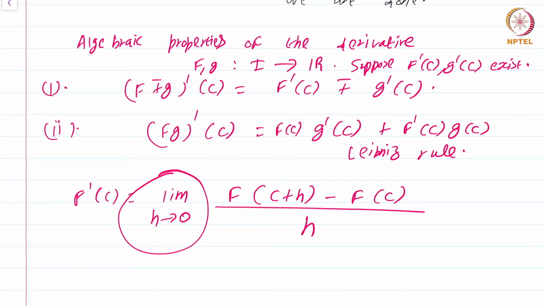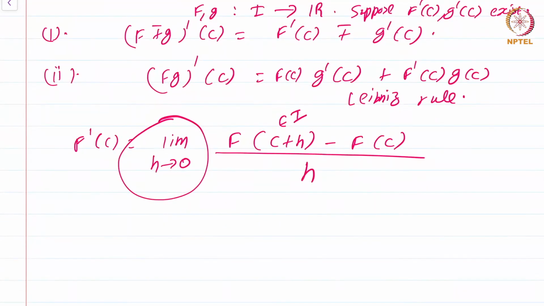As this is not such an important point, I will not be extra scrupulous and simply write limit h going to 0, with the understanding that the choice of h is to ensure that c plus h is in I. Always the h is chosen so that c plus h is in I. This is implicit. Now, I have just rewritten the usual definition of derivative in terms of the variable h.